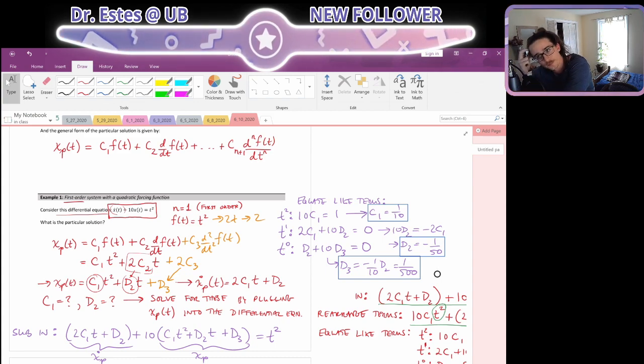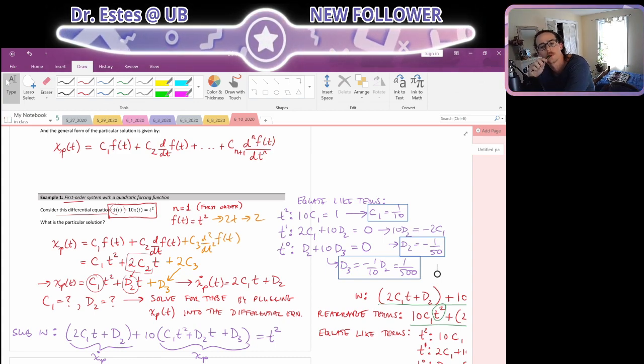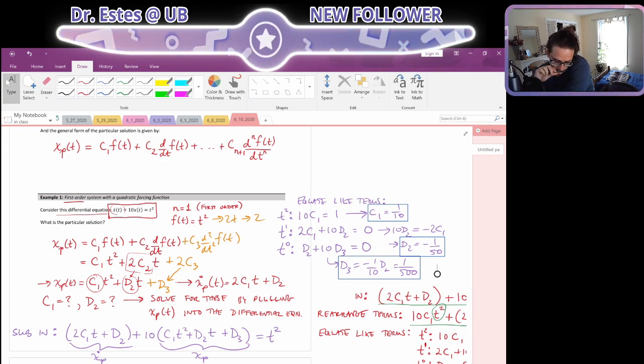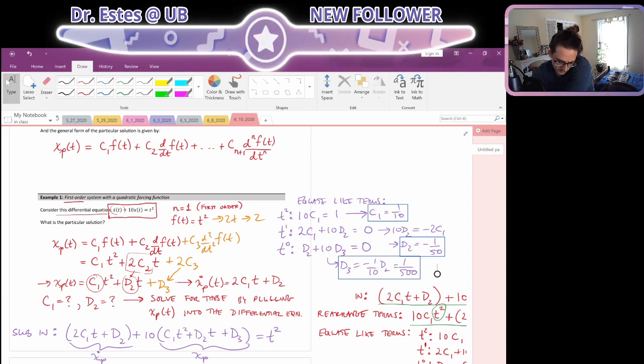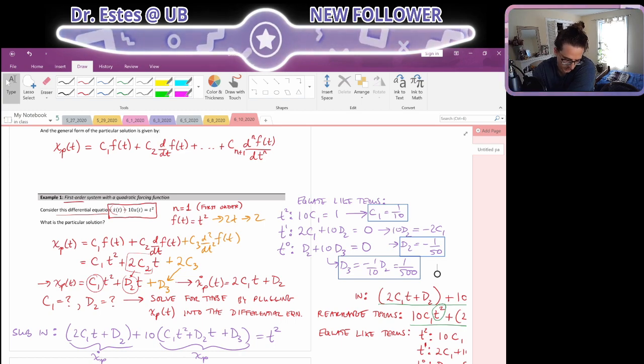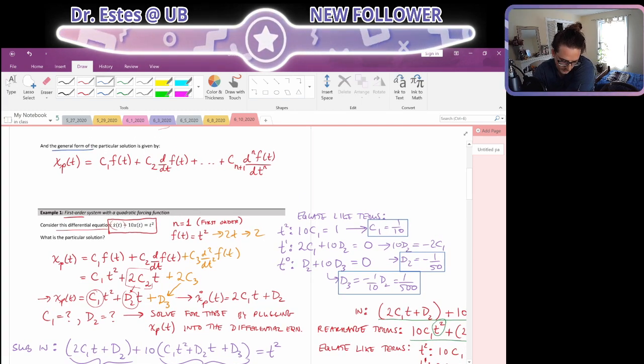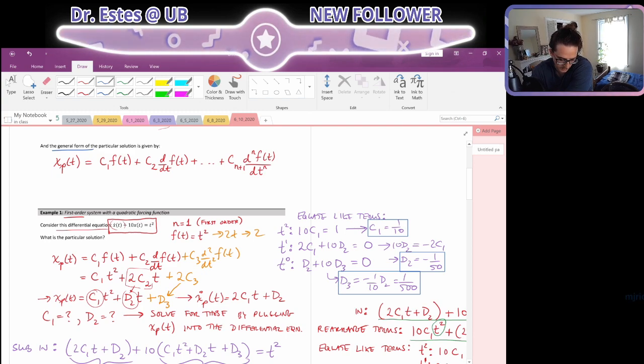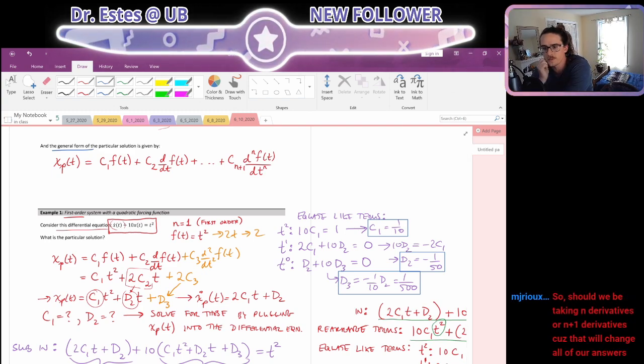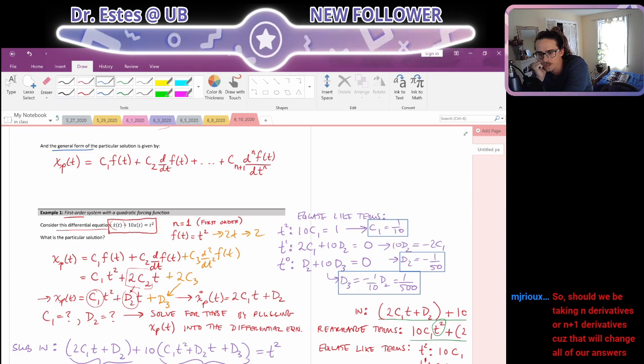Hmm. So I think the particular solution is, if we go back to this general form, what did we learn from this? I think, so should we be taking n derivatives or n plus 1 derivatives?